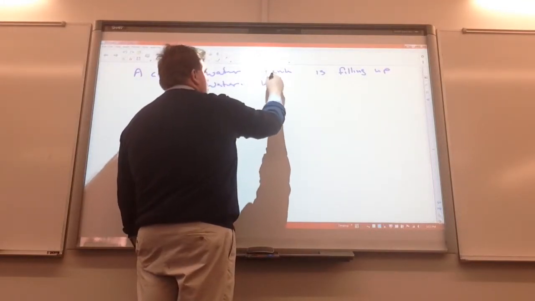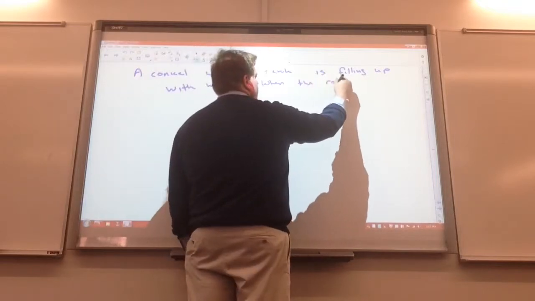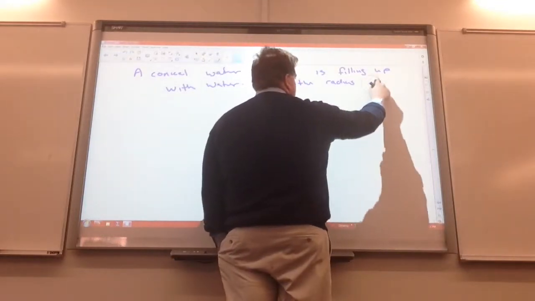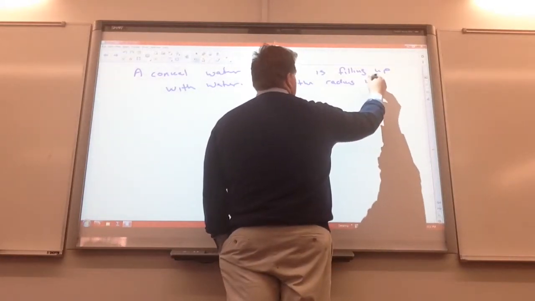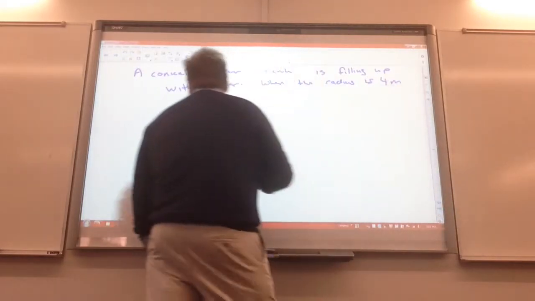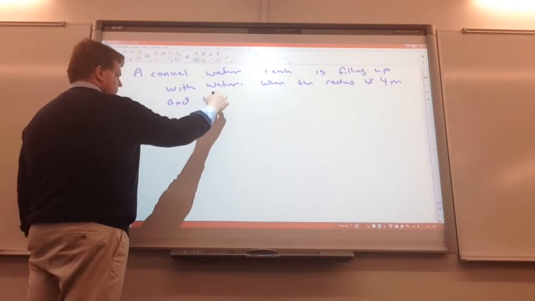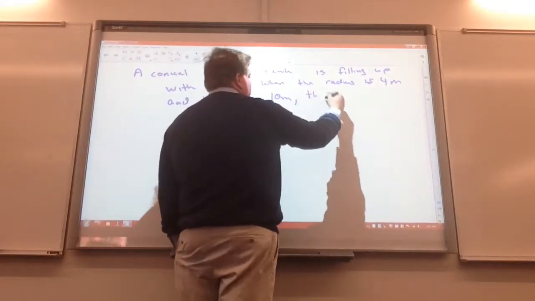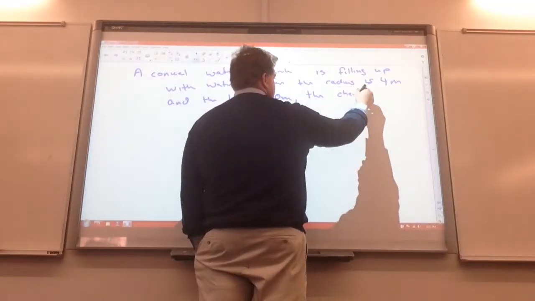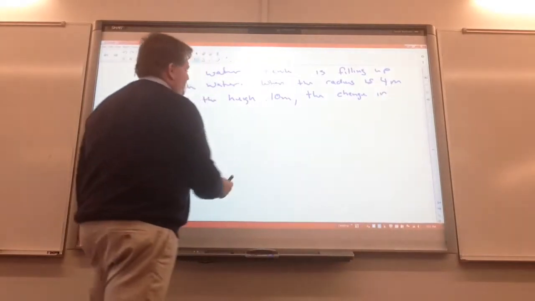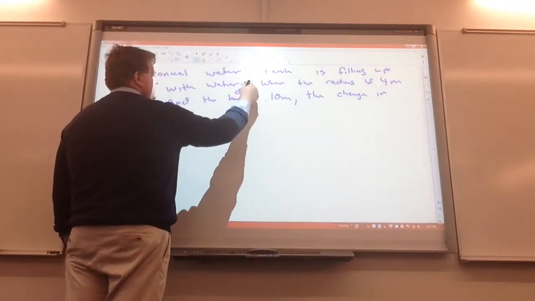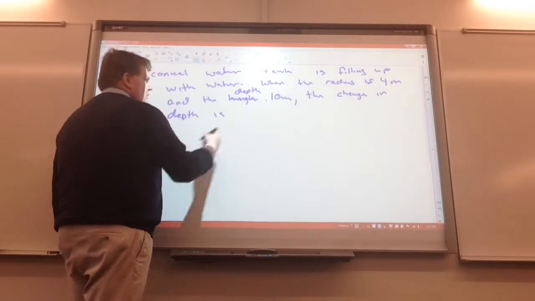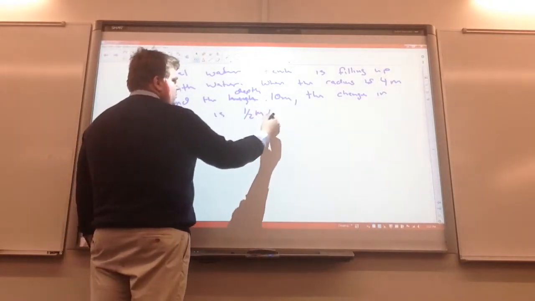Basically, when the radius is 4 meters, and the height is 10 meters, the change in height, or I should say depth, let's use the word depth here, the change in depth is 1/2 meter per minute.